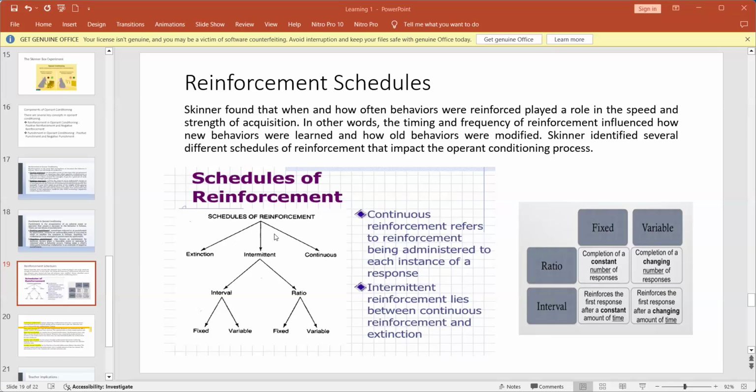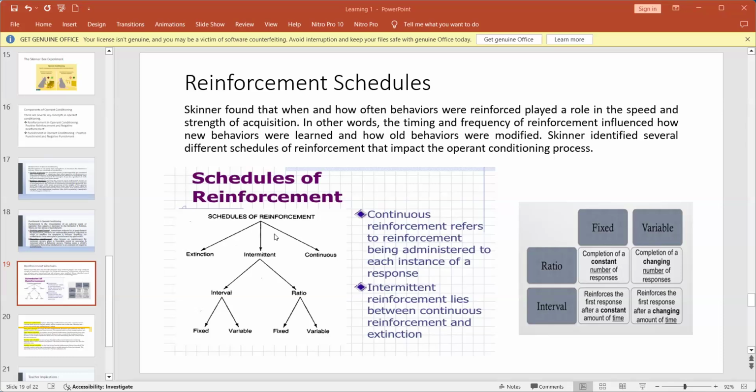Then, if it is variable, the number of times or the duration is not fixed. It varies. I will take the example of reading books. Initially, the students are not in the habit of reading.